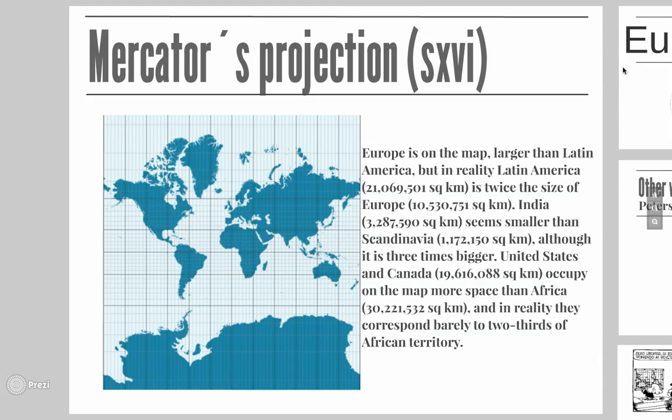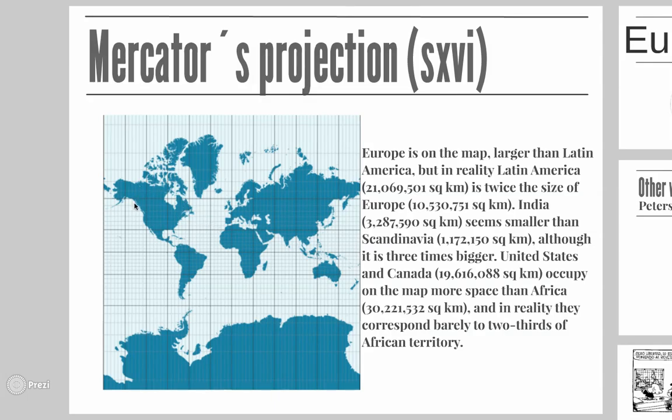What happens with Mercator's projection is that around the equator, the land masses are quite exact as they are in reality. But as you move away from the equator, as you go to the poles, the land masses become bigger than what they are in reality.